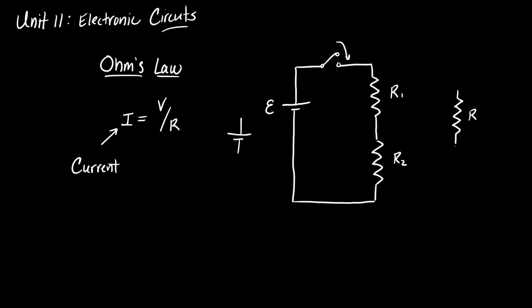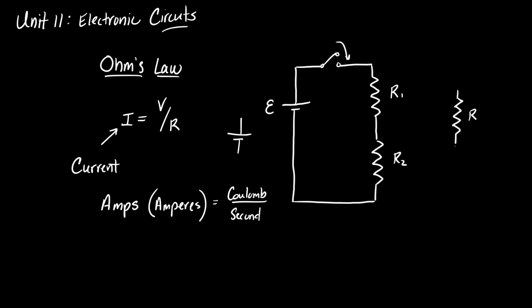Now, that being stated, current is measured in amps, or amperes. But I'll never say amperes, I'll say amps. And an amp is a coulomb per second. And truthfully, the unit of the amp came first.